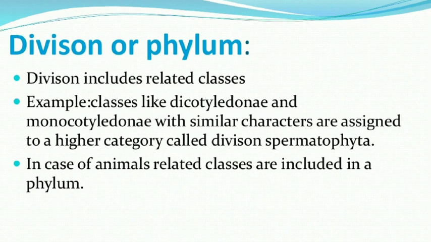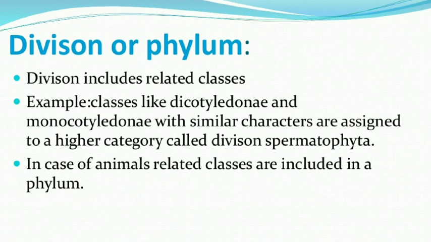Next, division or phylum. Division includes related classes. Okay, for example, classes like Dicotyledonae and Monocotyledonae with similar characteristics are assigned to a higher category called division Spermatophyta, also called Angiospermae.